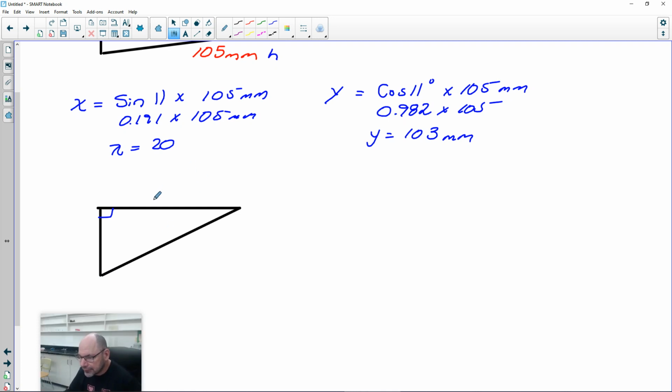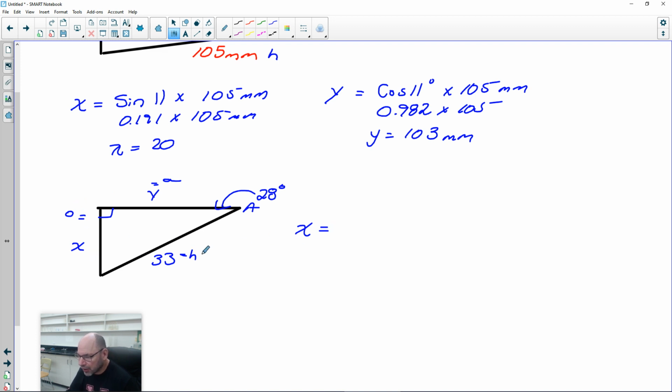This is 33, and let's say that this is 28 degrees, and this is our X and our Y. So again, this is our opposite side, this is our adjacent side, and this is our hypotenuse.